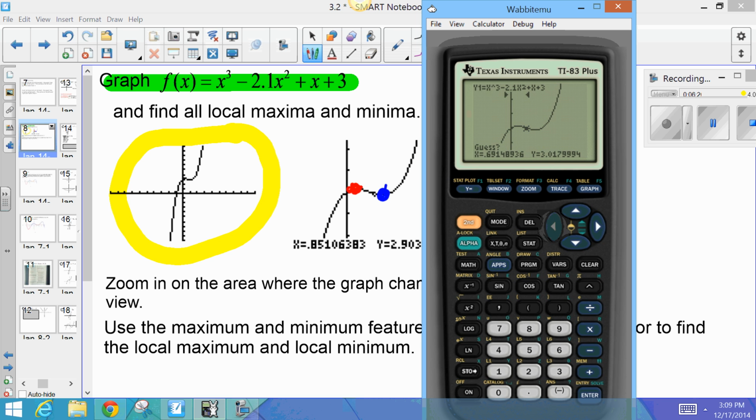So now you want to put your cursor as close as you can to the actual maximum. Okay, and then I'm going to press enter again. All right, so it's telling me the x and y coordinates of that maximum that's in red.